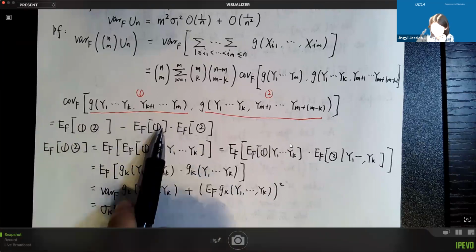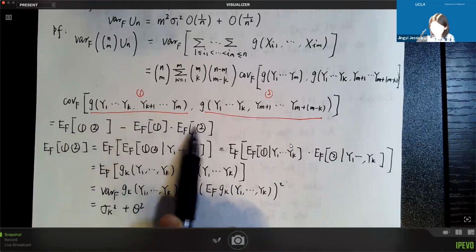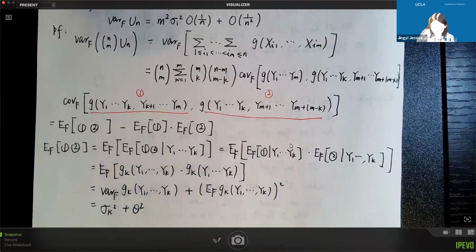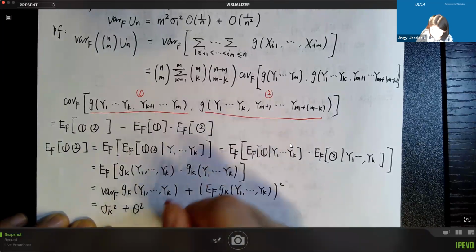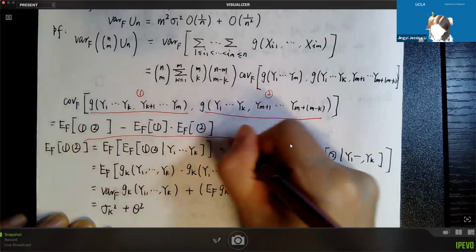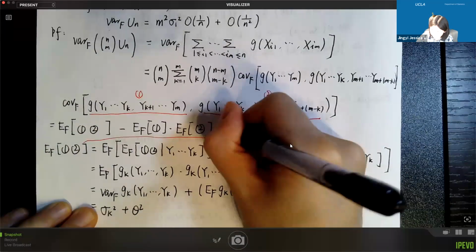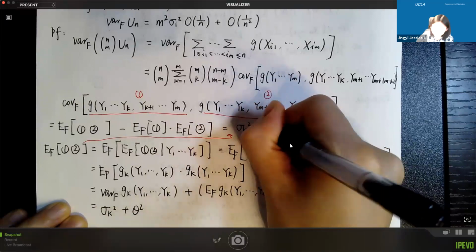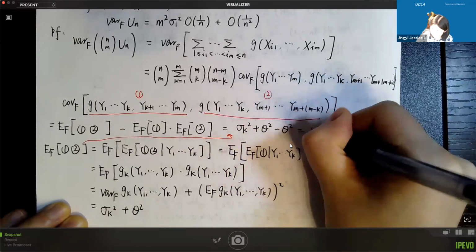For the expectation of 1, we know it's theta. The expectation of 2, we also know it's theta. So if I go back to here, this gives me sigma k squared plus theta squared minus theta squared.